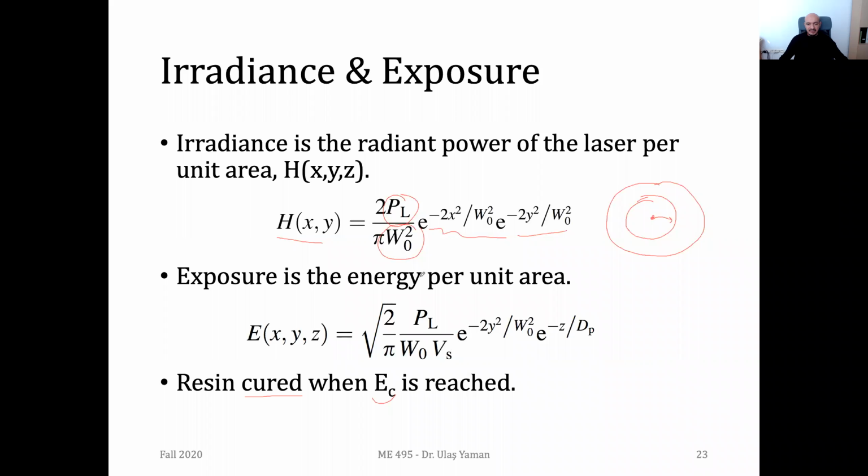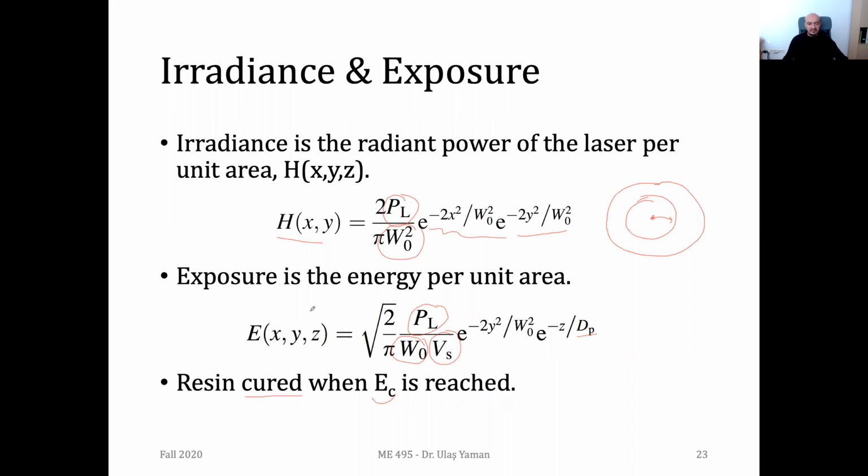So let's have a look at the equation here, how we calculate the exposure. Again, we have the power of the laser, radius of the laser beam, and this time the speed of our laser. Furthermore, we have the depth of penetration. As I mentioned, this is a property of our resin material.